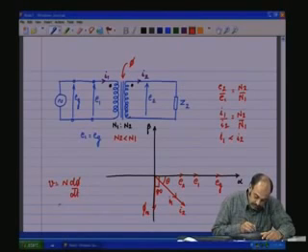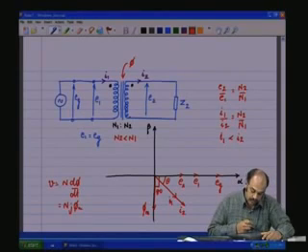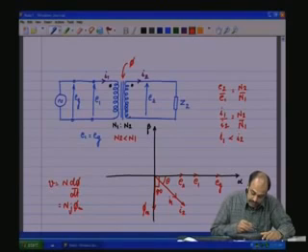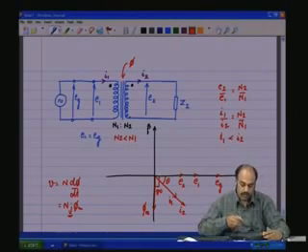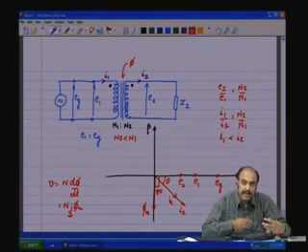There is a d phi by dt coming, which is N j omega phi m. So we see that the voltage vector is whatever the phi m vector direction rotated by 90 degrees because of the j, and that's what this j operator means. So phi m should lag voltage by 90 degrees. That's what it means. So this would be the vector diagram of an ideal transformer.